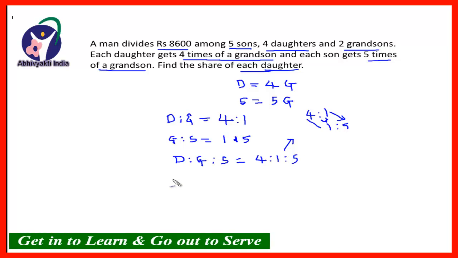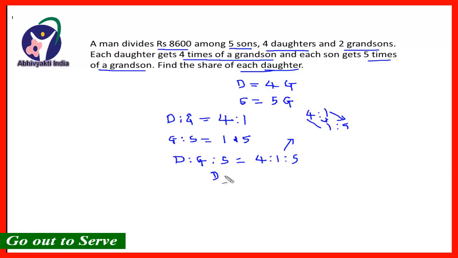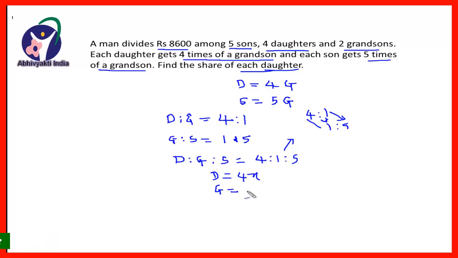So the ratio of daughter to grandson to son is 4:1:5. Let the daughter's share be 4x, the grandson's share 1x, and the son's share 5x.